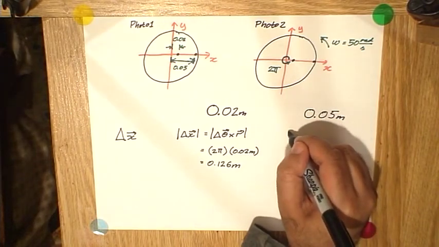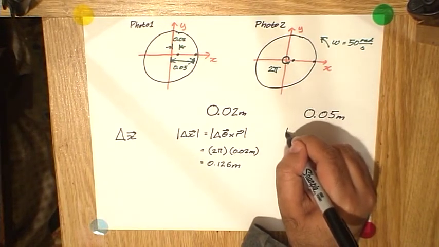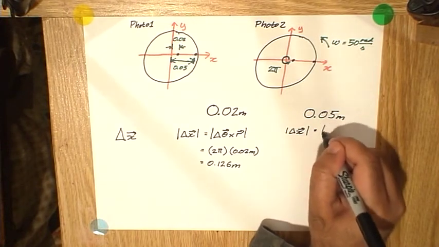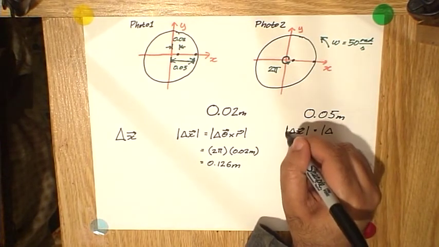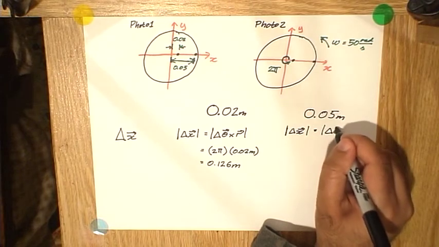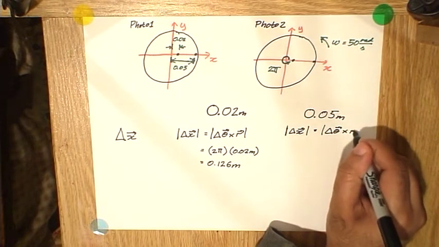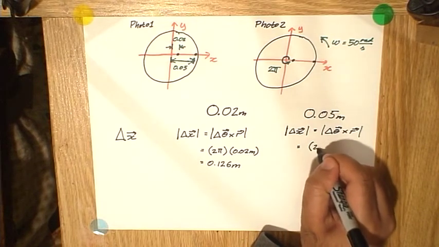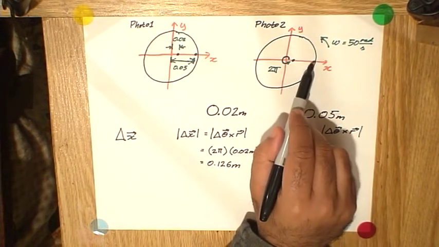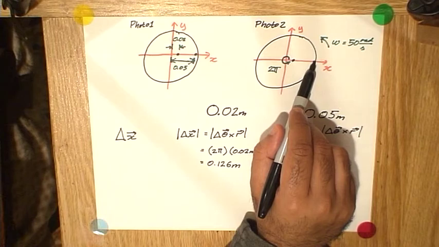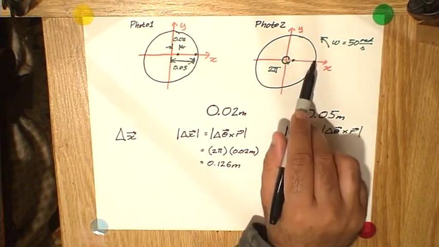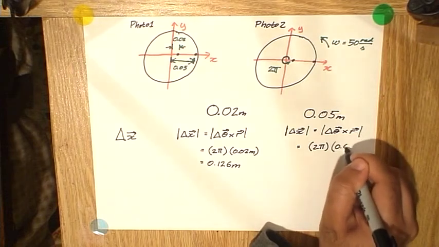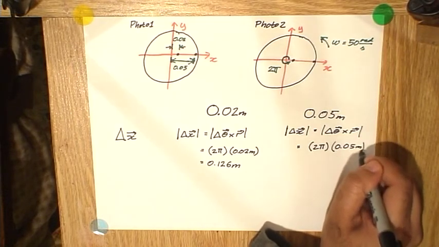We can do something similar for the outer sticker using exactly the same equation. That is that the distance is equal to the angular displacement cross the radius, which is equal to 2 pi, since this outer marker also traveled through 2 pi radians, a full revolution, multiplied by the radius, which is 0.05 meters.